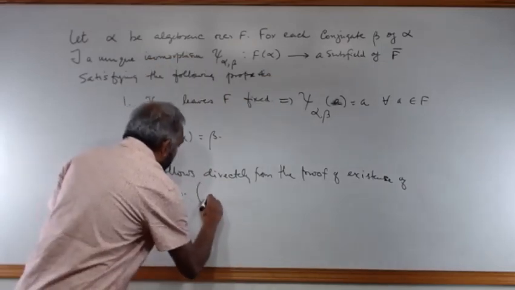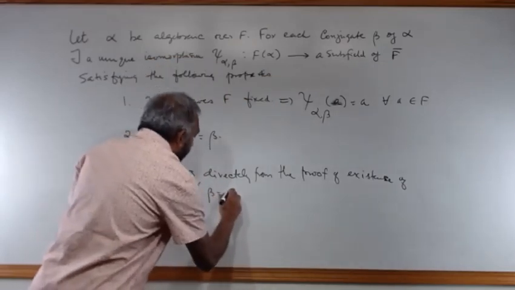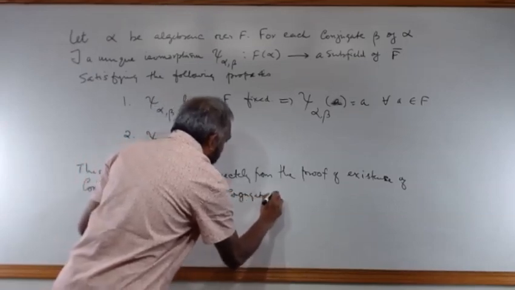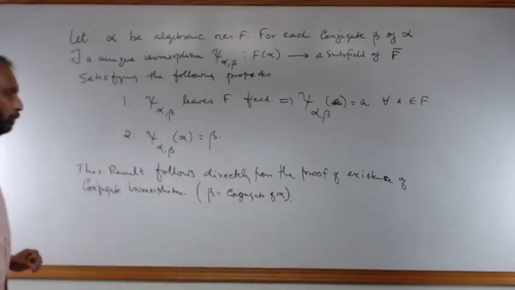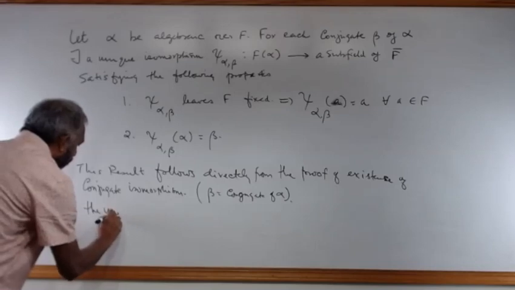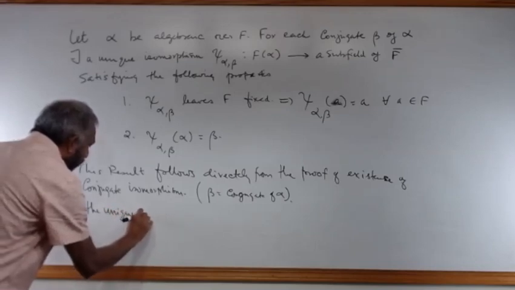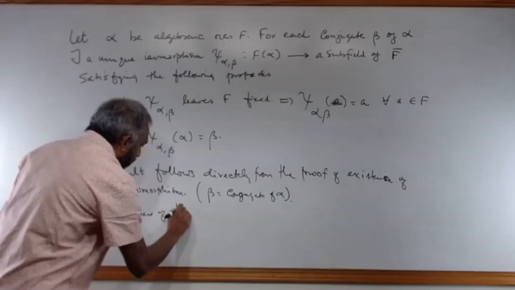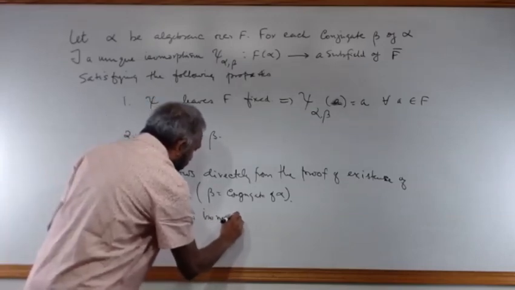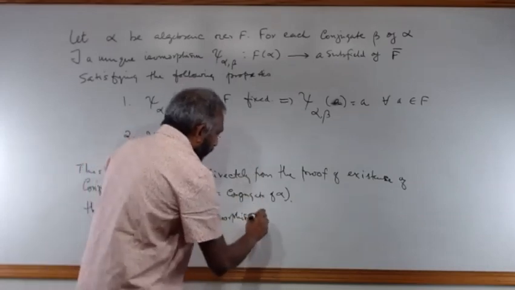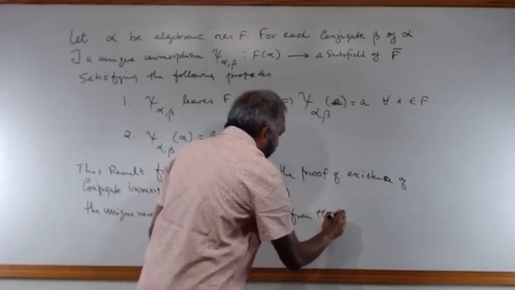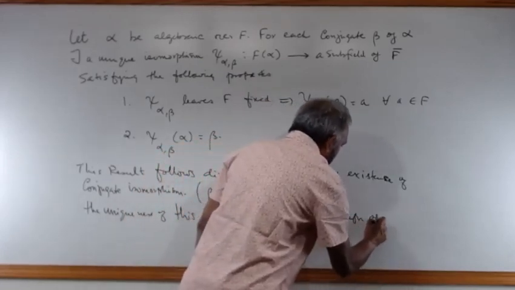So here actually B is equal to conjugate of alpha. And the uniqueness of this isomorphism comes from the definition of the isomorphism.